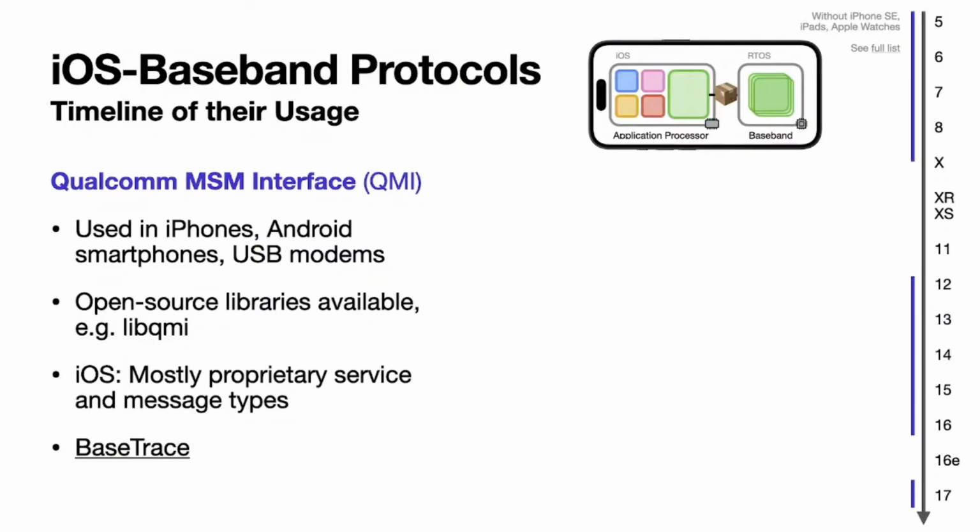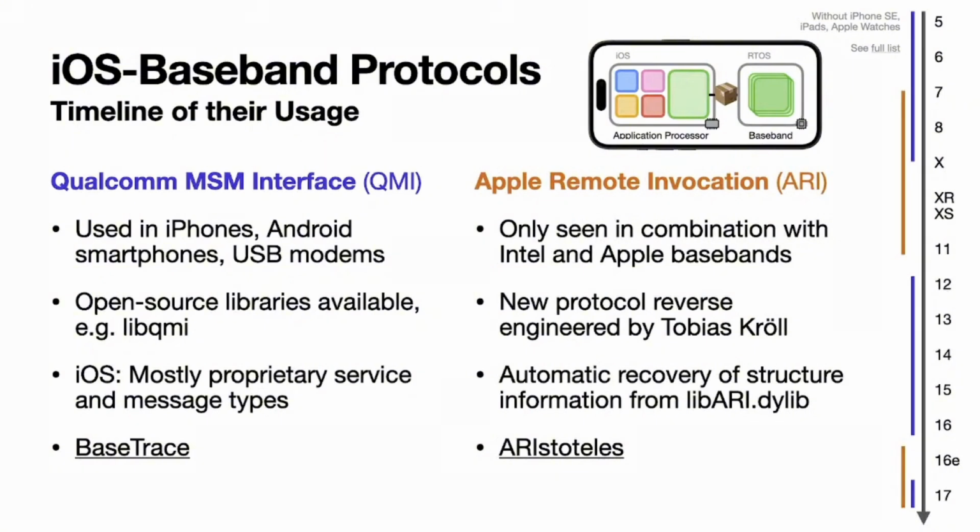There are some open source implementations available, but Apple does a lot of custom method extensions, protocol extensions, and so on, which we analyzed and presented last year at OBTS, so I'm glad to be back. And for Apple basebands and also the Intel basebands, there's the Apple Remote Invocation Protocol.